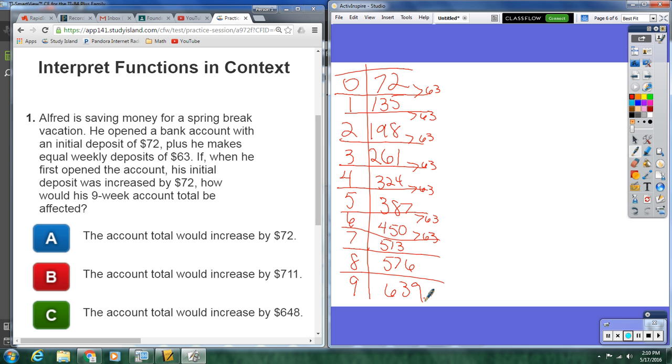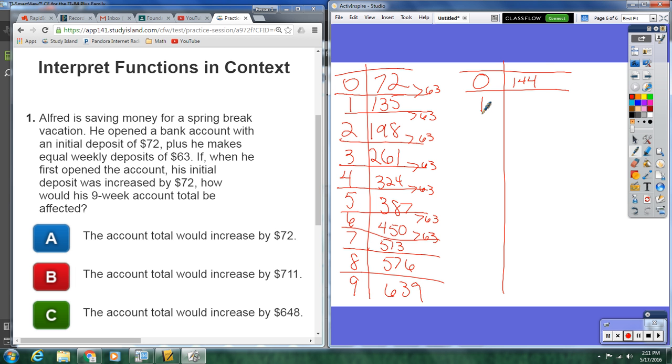Now, if his initial deposit was increased by $72, so instead of starting out with $72, how much did he start out with? 72 plus 72, right? Which is 144. After 1 week, he still added $63, didn't he?